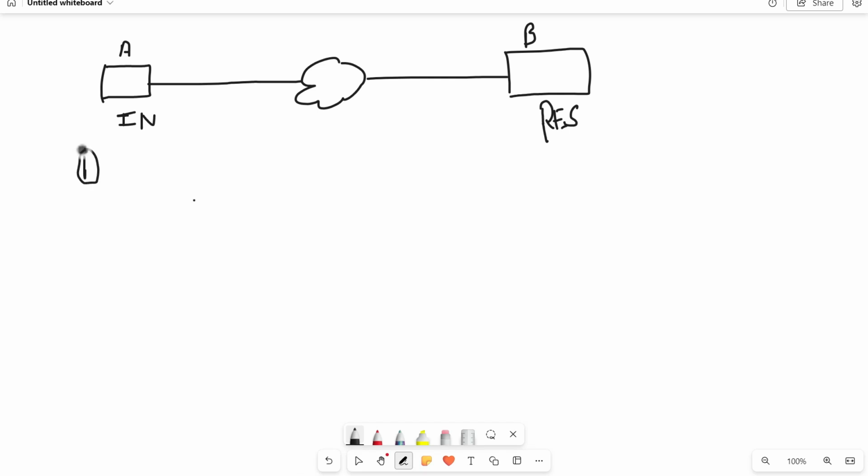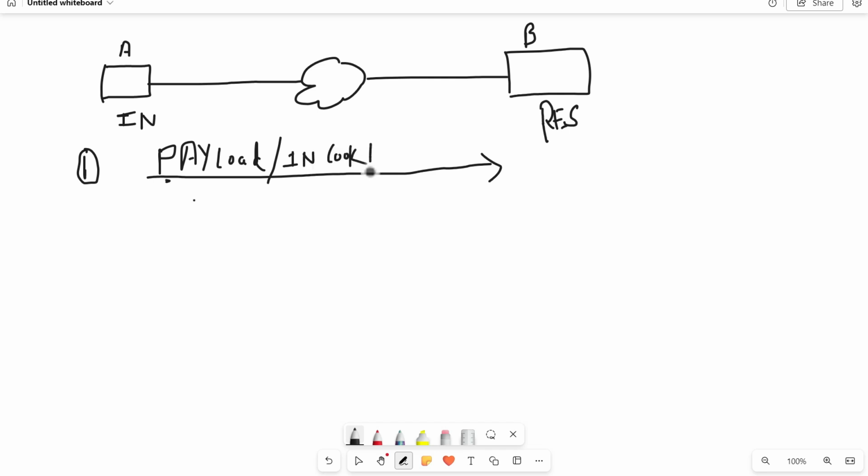They will share all the encryption-related information. Here the payload will be there, the SA payload, and other information will include the initiator cookie, and then the SPI.